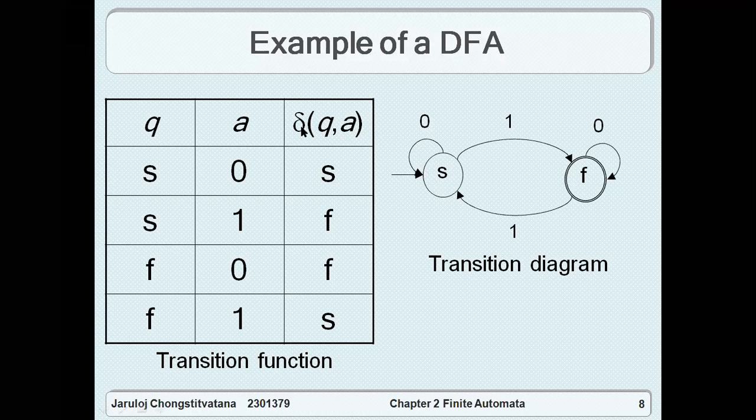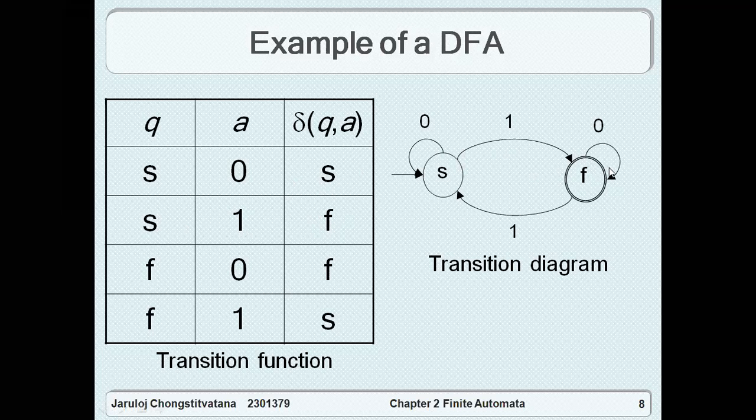Here the state is S and the input alphabet is 0, so δ(S, 0) reaches S. And δ(S, 1) reaches the final state.